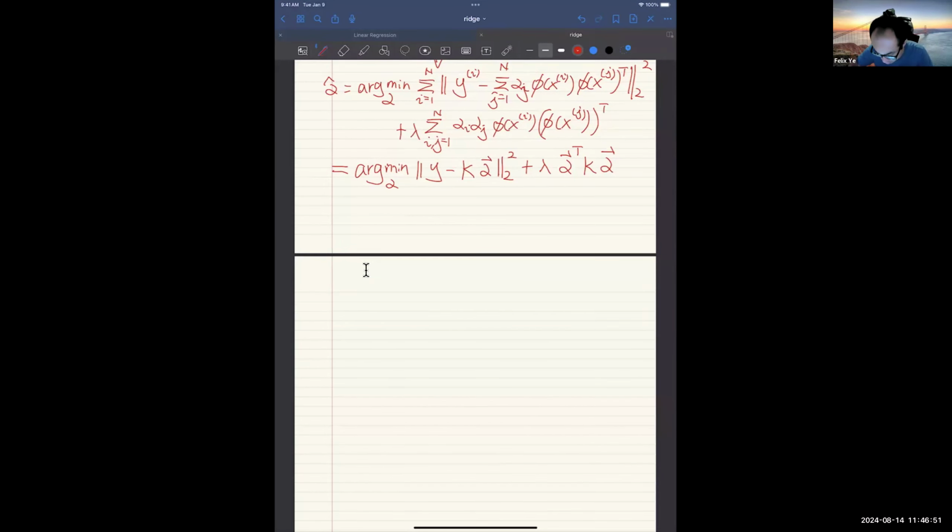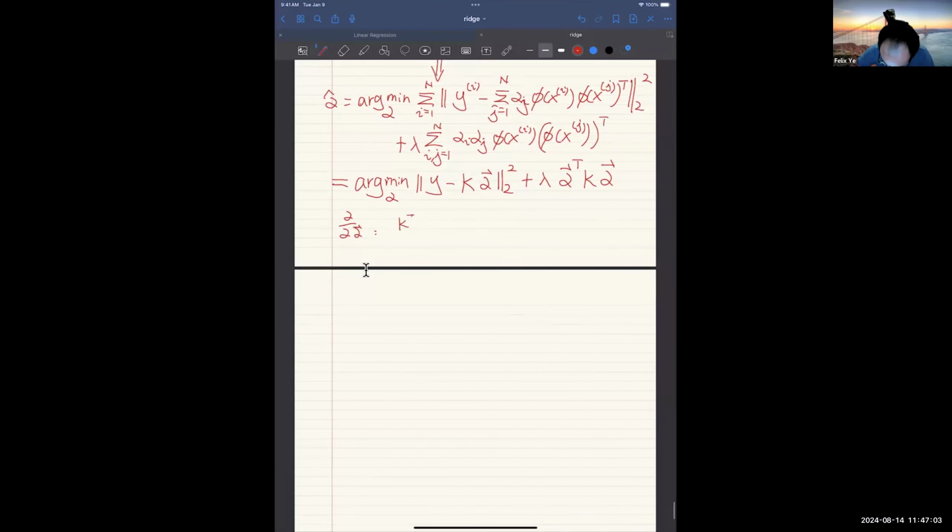So we can take the partial derivative with respect to alpha. This becomes K transpose times (K alpha minus y), plus 2 K alpha, with a 2 in front.